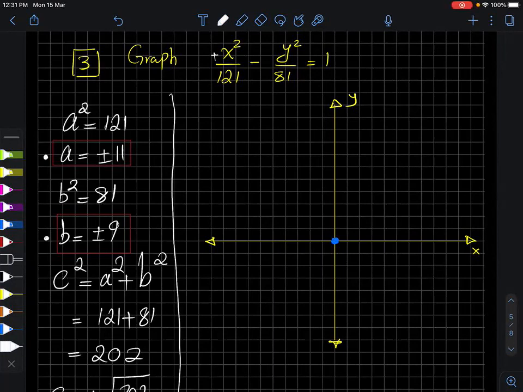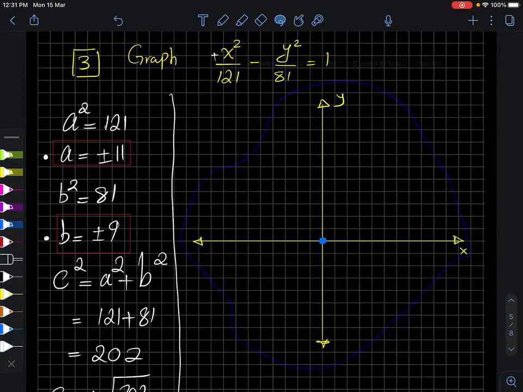So we move 1, 2, 3, 4, 5, 6, 7, 8, 9, 10, 11 units to the right, and 11 units to the left, 1, 2, 3, 4, 5, 6, 7, 8, 9, 10, 11. Then extend the line.